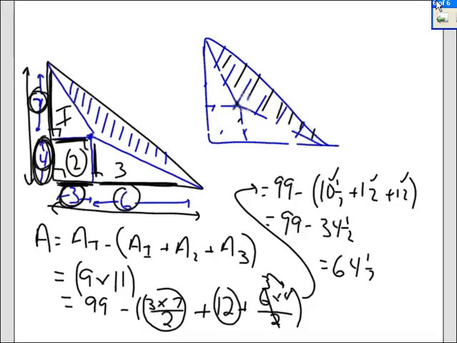You have 99 and you take away 34.5. You have 64.5 square units. That's what this is. Understand subtraction? This is piece of cake. Okay, that completes the section for finding the area or areas of parallelograms and triangles.